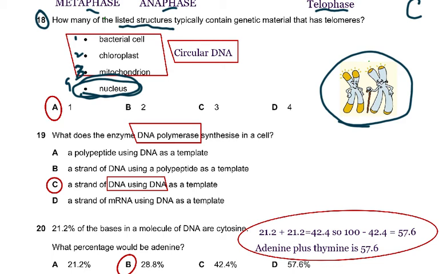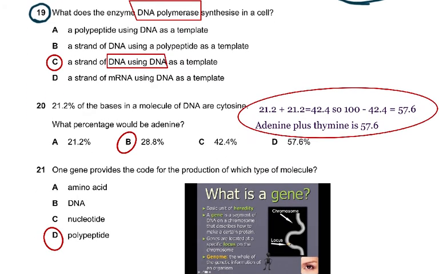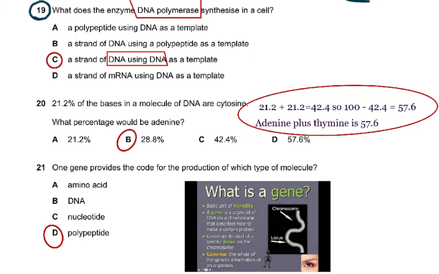Then coming on to question 19. What does the enzyme DNA polymerase synthesize in a cell? A polypeptide using DNA as a template, a strand of DNA using a polypeptide as a template, that's all rubbish. A strand of DNA using DNA as a template. A strand of mRNA using DNA as a template is called transcription.